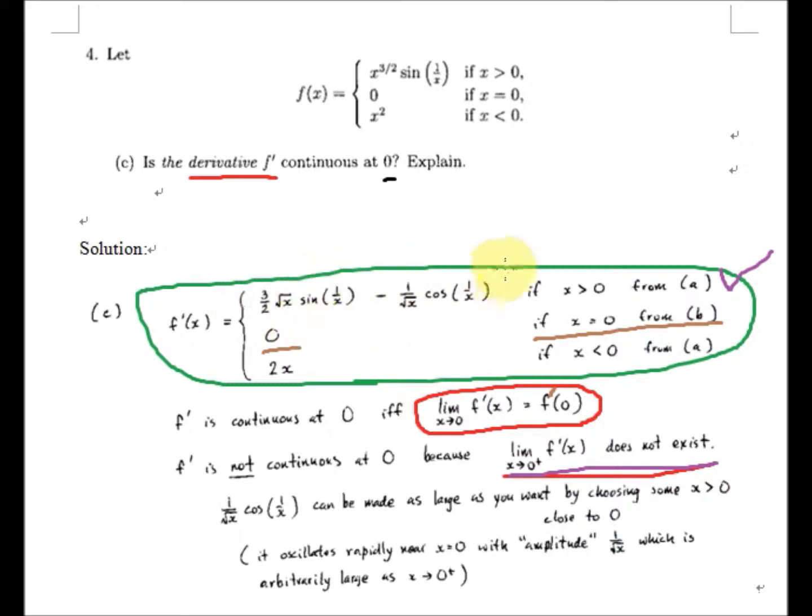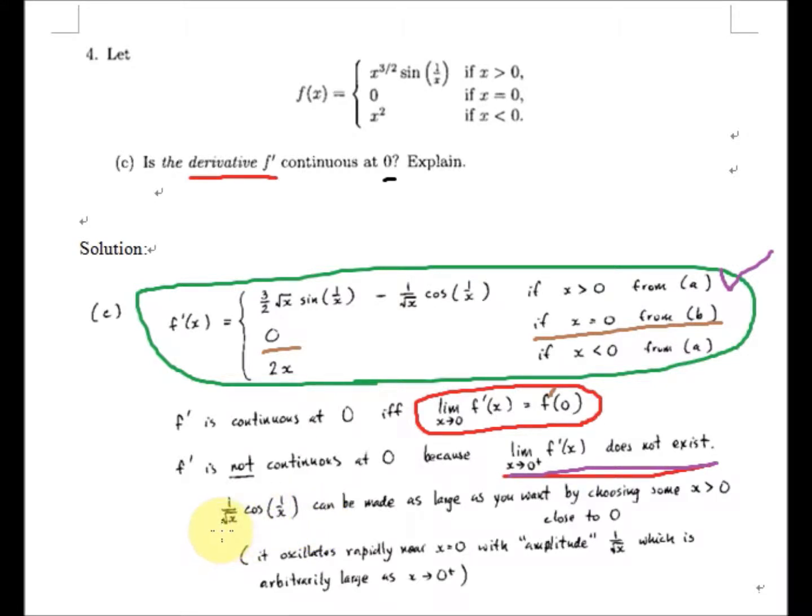If you want this function to approach 0, then over here you will have some problem. I think both this and this would bring a problem, because they are in fact oscillating functions.